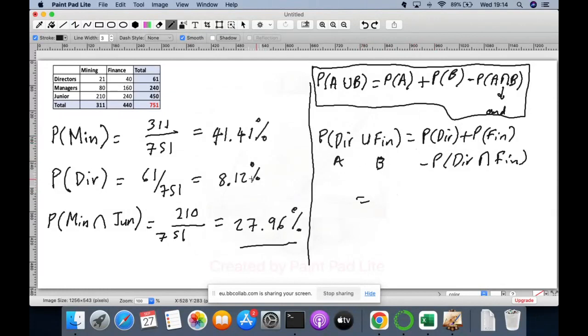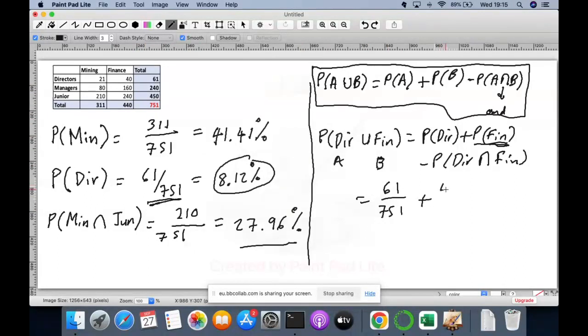Right, so we'll work that out. The probability of being a director, we actually worked it out already. It's this here, it's 8.1. I'm just going to write the fraction instead, because in the end I'm going to put everything in percent. So it's 61 over 751, plus probability of being in the finance sector. How many people do we have in the finance sector? 440.